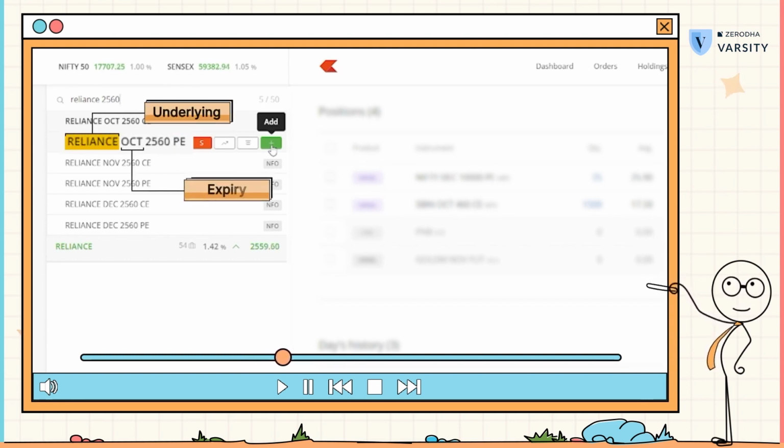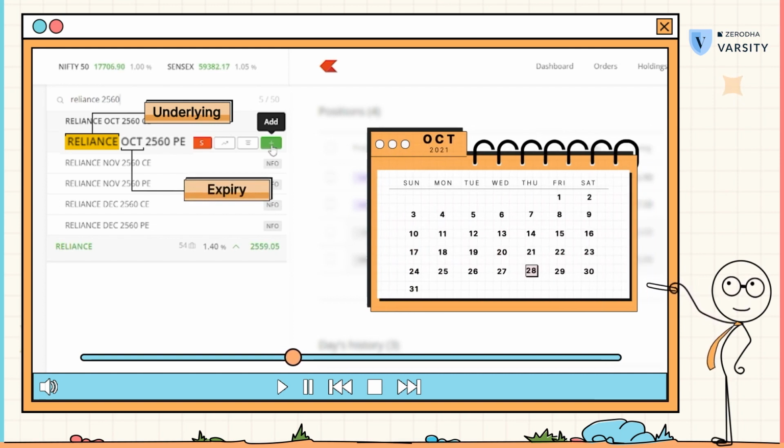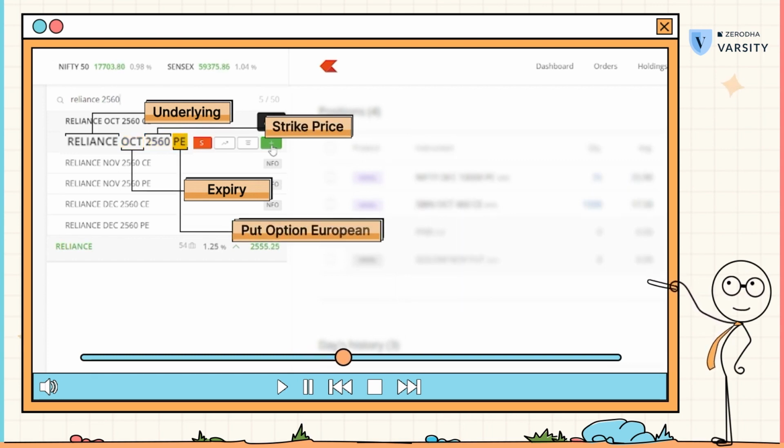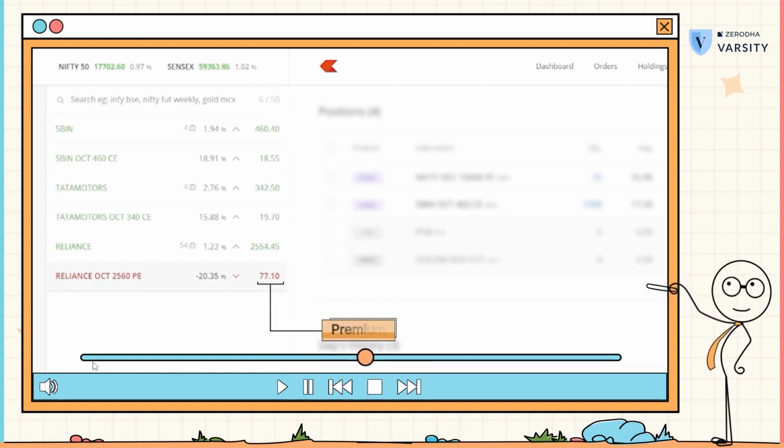The expiry of this particular options contract is in October. That's the last Thursday of October. The strike price here is 2,560. PE stands for put option, European in nature. The premium that this particular option is trading at is 77 rupees 10 paisa.